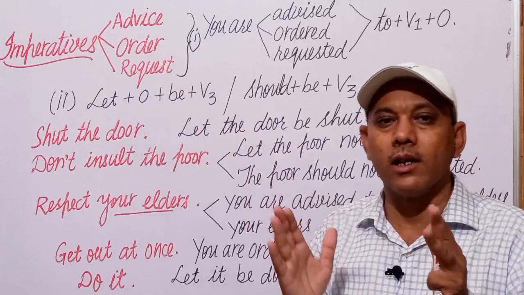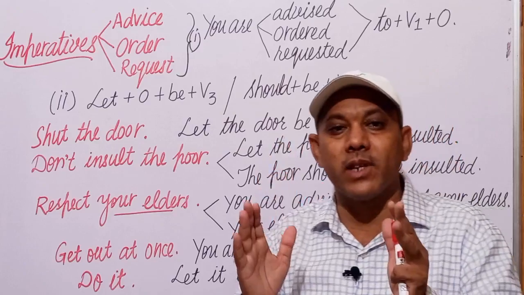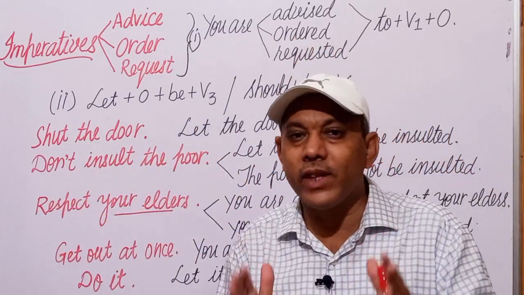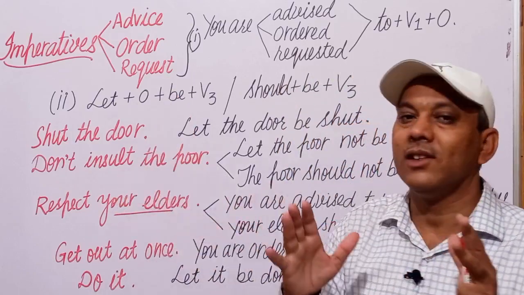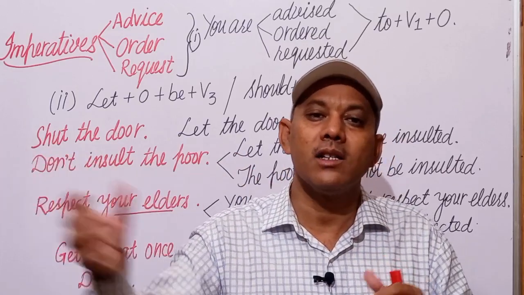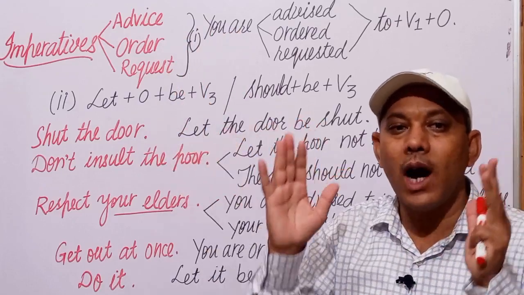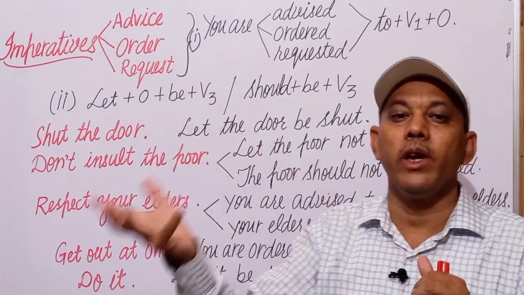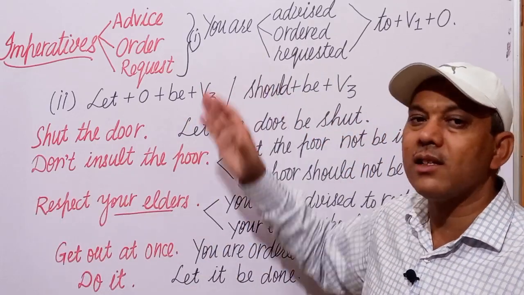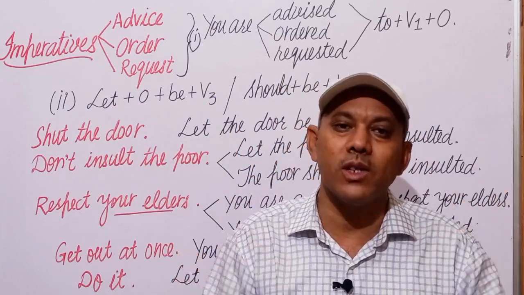If there is an order or command, then because you is the implied subject, you are ordered to do something. And if there is a request, then I can say you are requested to do something. You are ordered to, you are advised to, you are requested to do V1 something. In this way, we can change the structure of imperative sentences from active voice to passive voice.